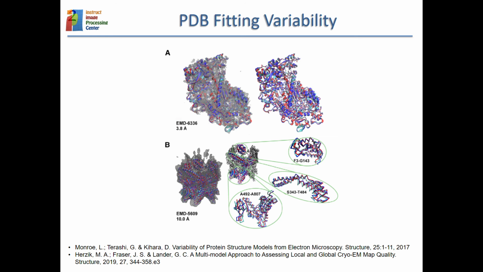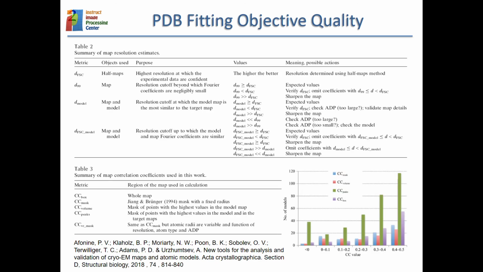That means that you're not so sure any longer about the correct position of the atomic model in that area, and that uncertainty is also another way to validate your volume. The areas for which you don't have such an ambiguity are good areas. The areas where many different atomic models could be fitted are less resolved areas.